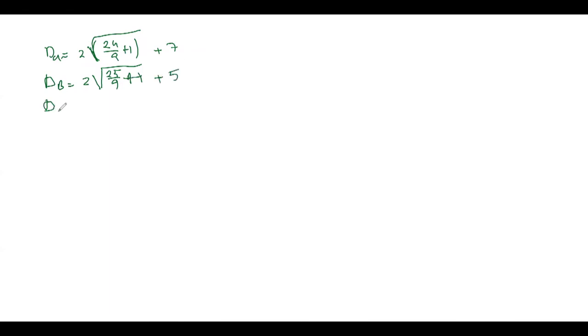For dC, it's again a 2-stage, this is the square root of 28/9 h, plus 5. And the delay of dD is going to be 4 times the fourth root of 20/9 h, plus 7.